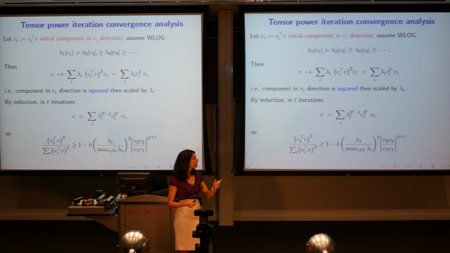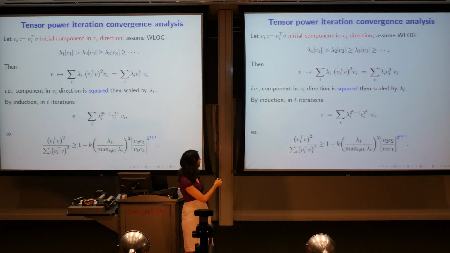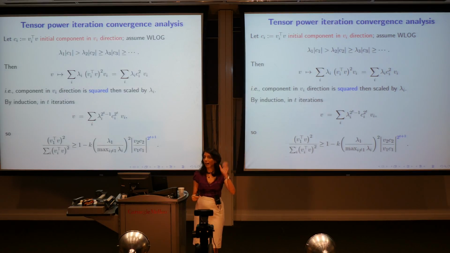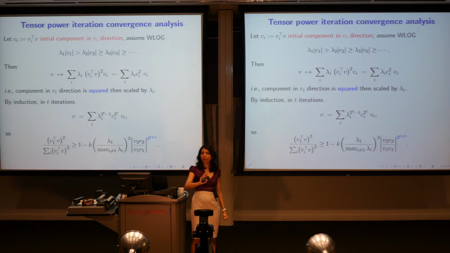Now it's quadratic, because the intuition is, think of it as Ci was really high along one of the directions. And for simplicity, just take all the eigenvalues to be the same. So I have equal eigenvalues, and say C1 was very high compared to everything else. What I'm doing is, in the next iteration, I'm squaring it.